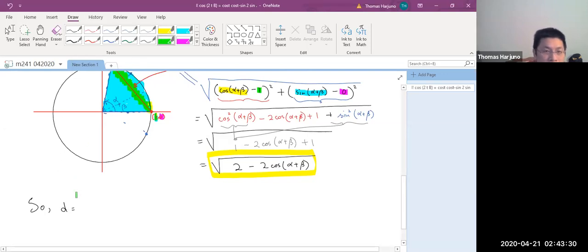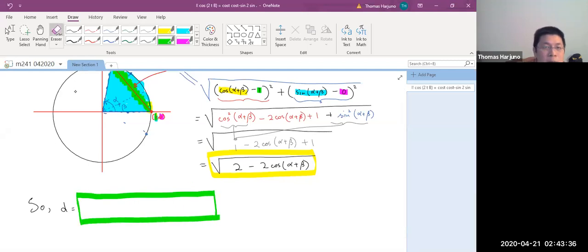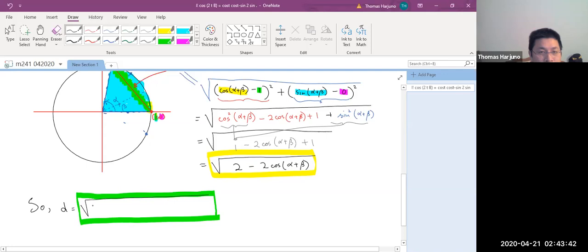The green box is the square root of 2 minus 2 cosine alpha cosine beta plus 2 sine alpha sine beta.